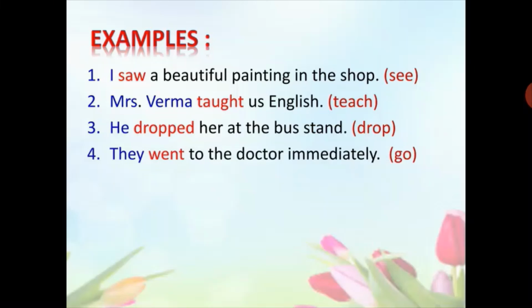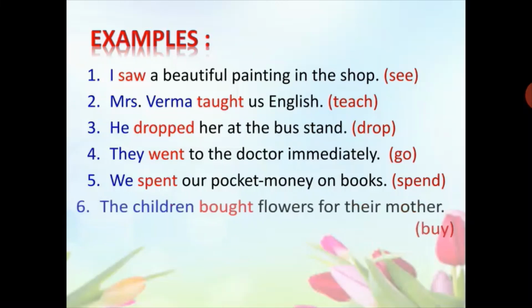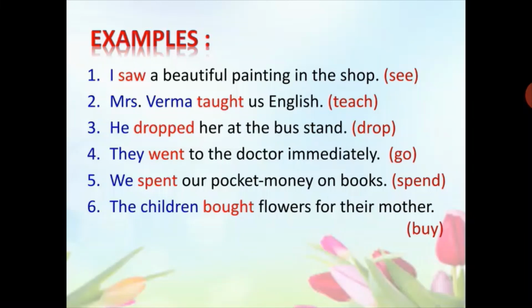They went to the doctor immediately. Here, in this sentence, went is the past form of go. We spent our pocket money on books. In this sentence, spent is the past form of spend. The children bought flowers for their mother.